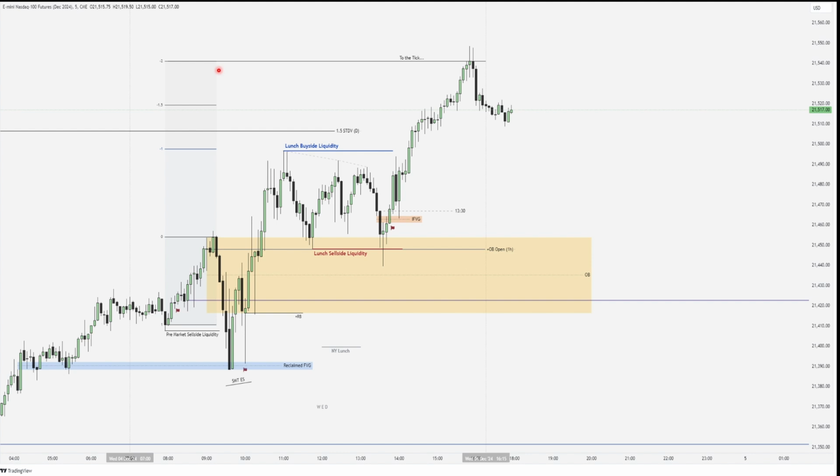I was watching this whole algorithmic spooling, and it was so interesting how the market just kept on running higher, and every short really got punished. You saw minor declines lower, so you would think, oh, people are going short here, and they just get immediately punished with a rapid expansion higher.